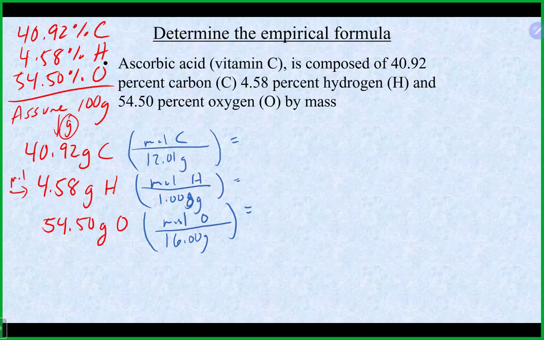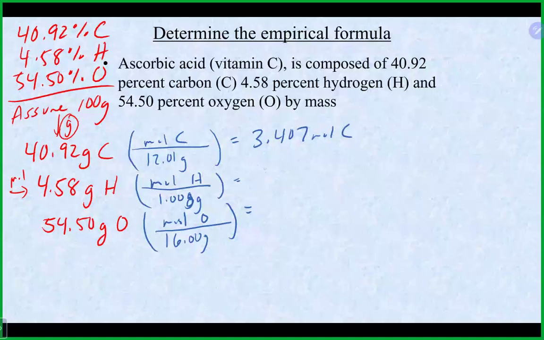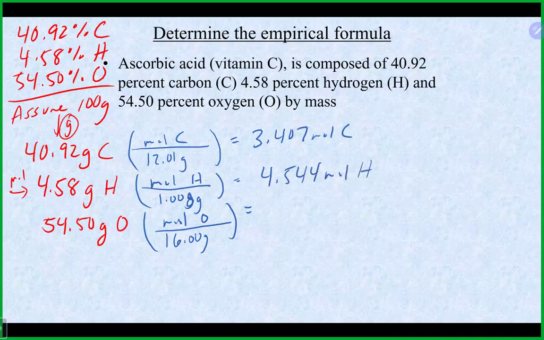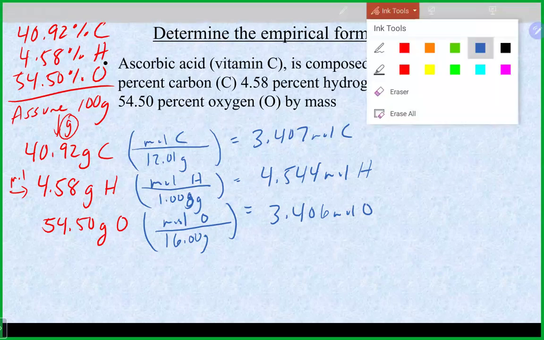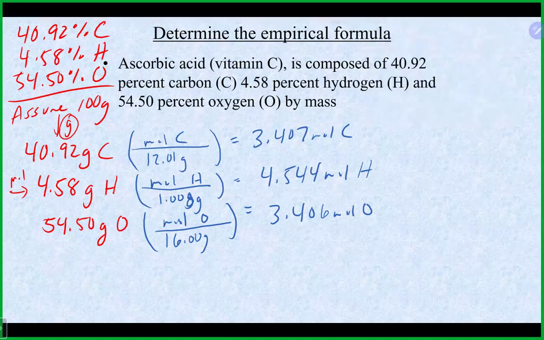So we'll go 40.92 divided by 12.01, we got 3.407 moles of carbon. 4.58 divided by 1.008 gives 4.544 moles of hydrogen. And lastly, 54.5 divided by 16 gives 3.406 moles of oxygen.